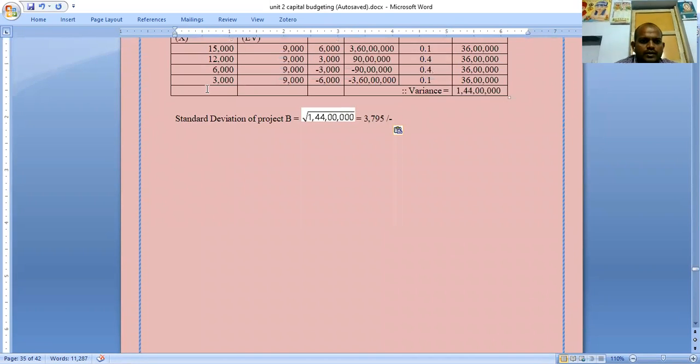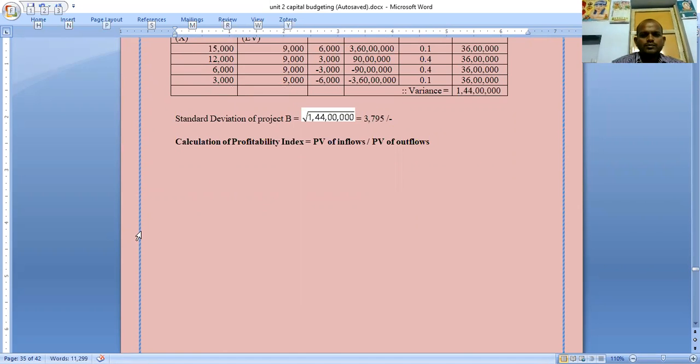Computation of profitability index. The formula is PV of inflows divided by PV of outflows. I just mentioned the formula as well. So for project A, how to calculate this profitability index?